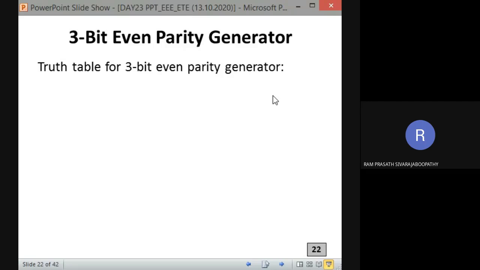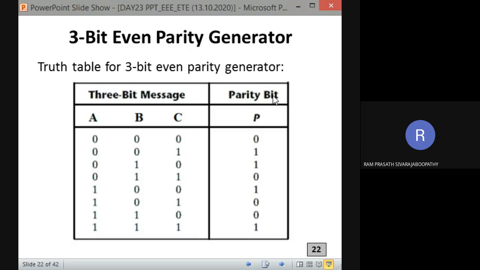Kindly type it in the chat. No answers. Someone said 9; kindly check. 8 is the correct answer. Very good. I appreciate your response for trying your best.